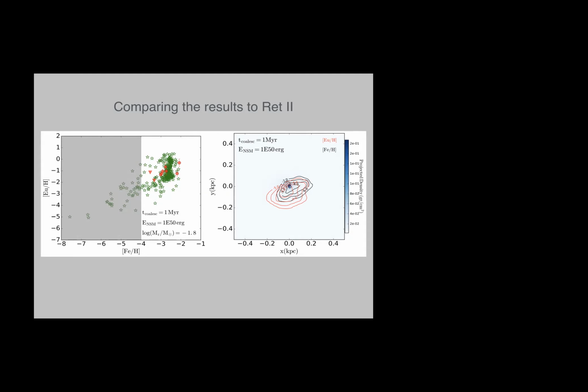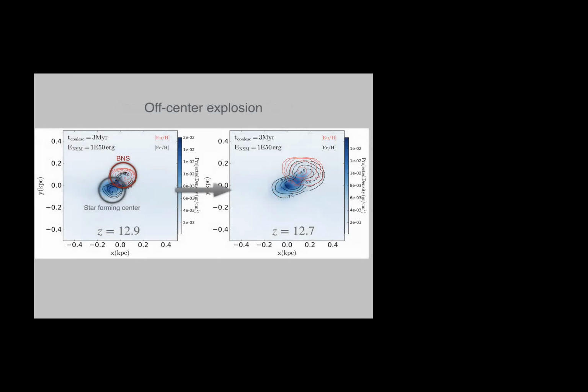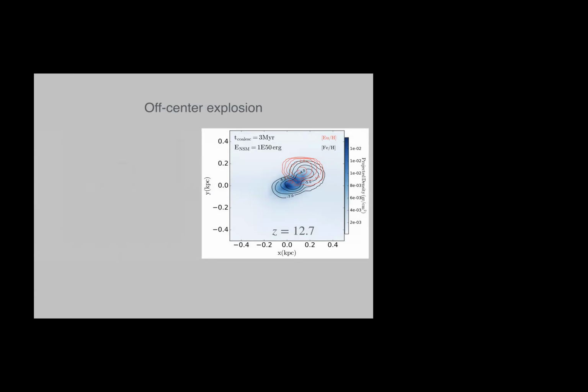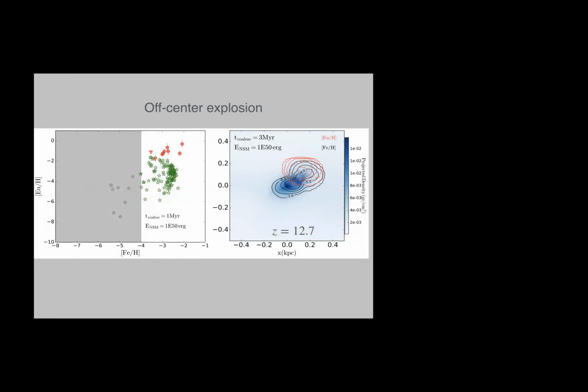However, if by chance your neutron star binary merger takes place off-centered, which happened randomly in one set of our simulations, if it takes place far from your star forming region and then expands and dilutes, as I'm showing you in the gas phase in these plots, then of course the level of enrichment of your stars drops.